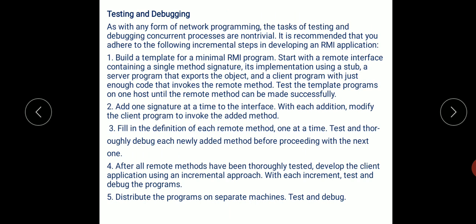First, start with a minimal RMI program with the remote interface containing a single method, and its implementation using a stub, a server program and a client program. At the initial stage, have just one single method, a stub file, a server program that exports the object, and a client.